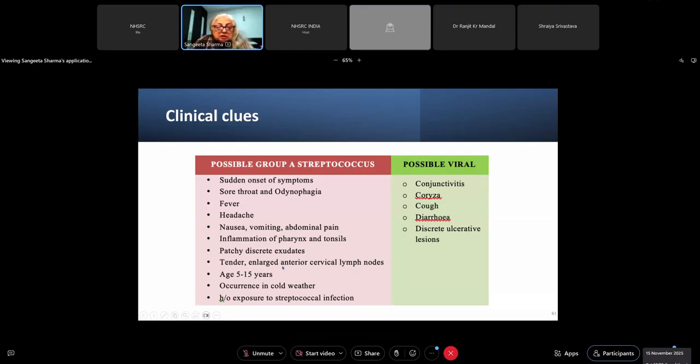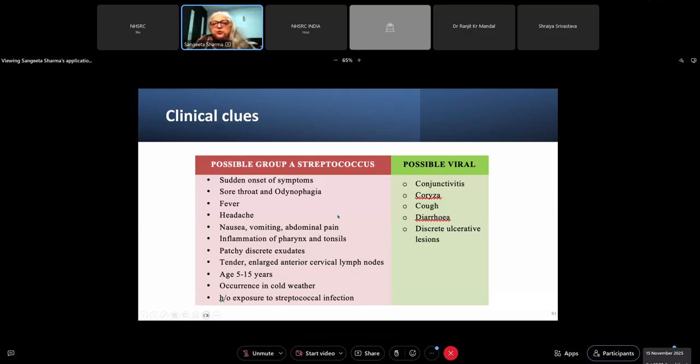So usually these are the symptoms. And if mucous membranes are affected, the patient is having running nose and running eyes, tears are coming down, diarrhea is there, think in terms of viral infections.